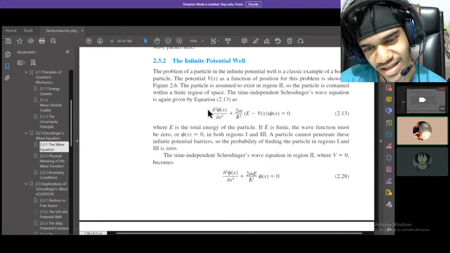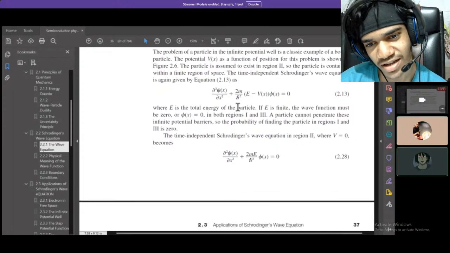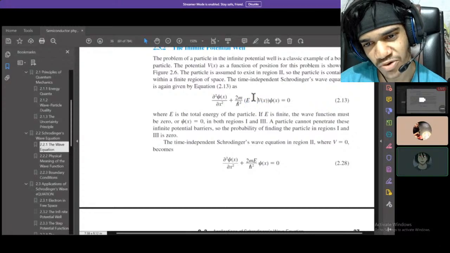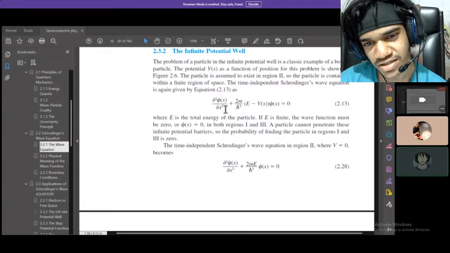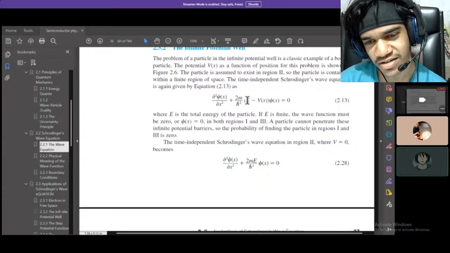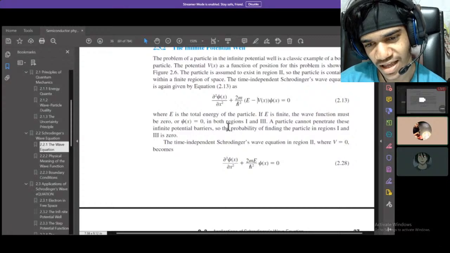I feel this function you might be knowing. You are saying this one, no? Yeah, this one has. Yeah, I'm not sure.